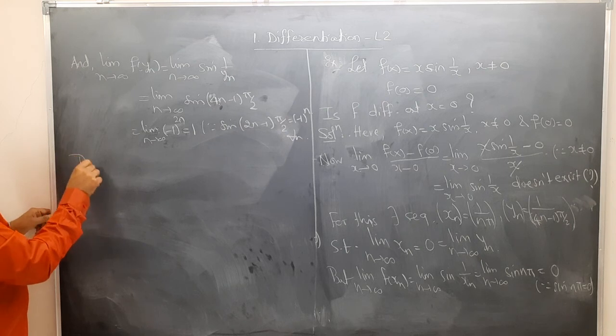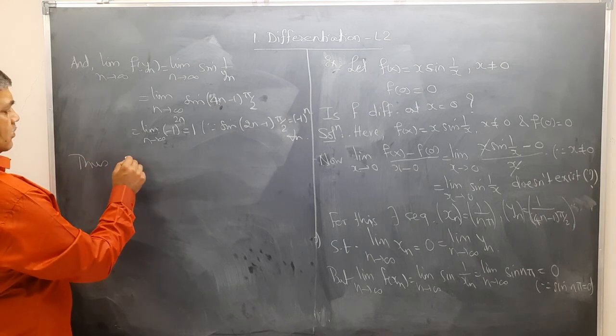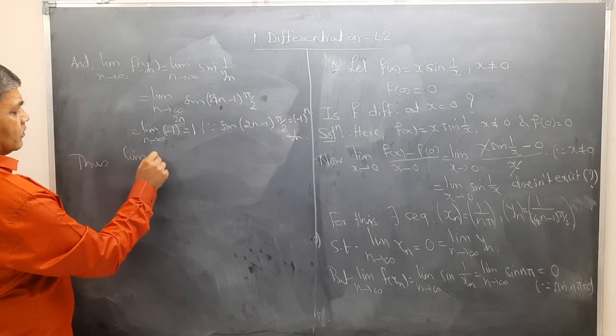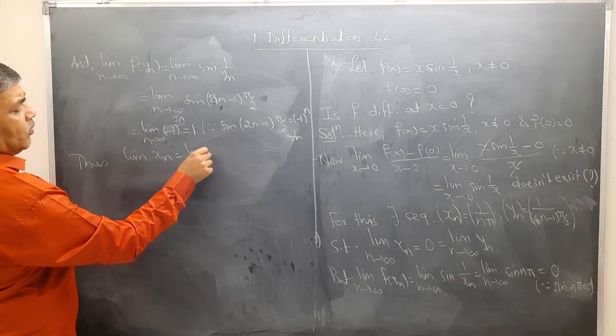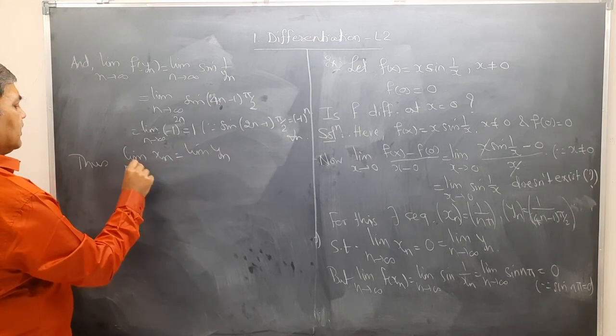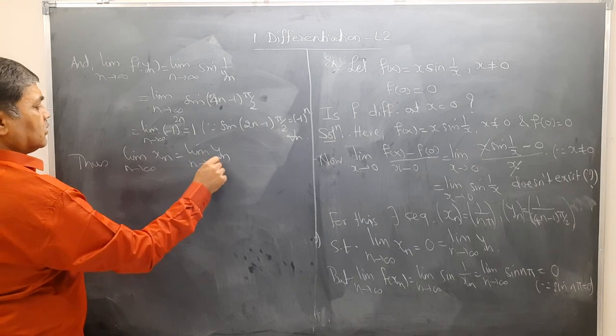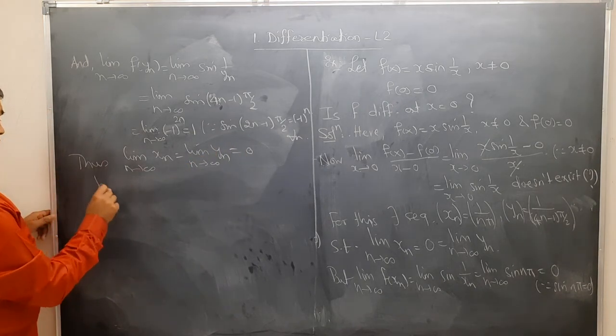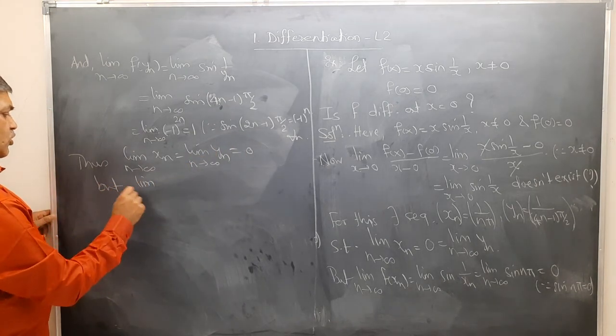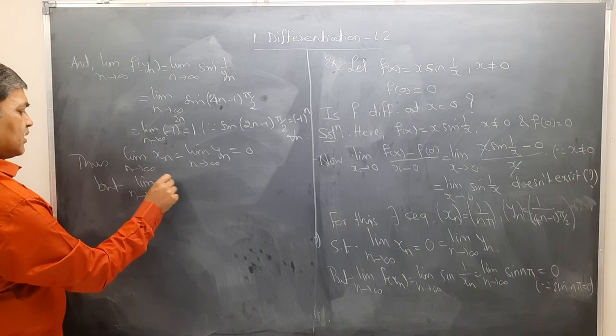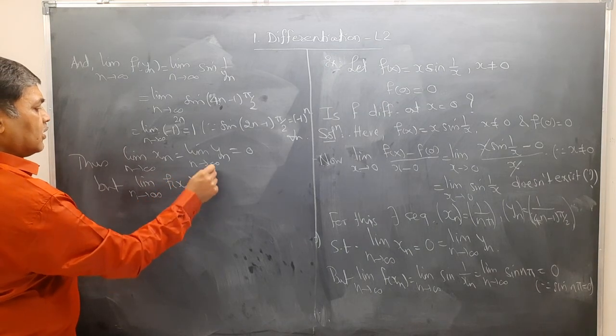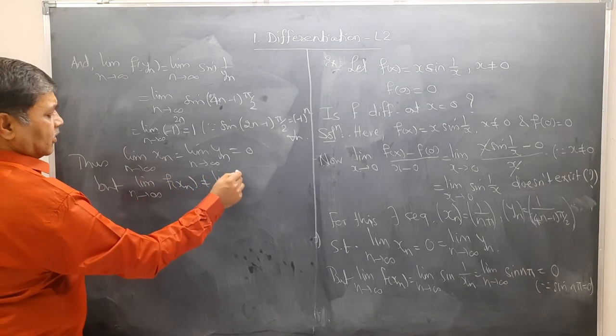So thus the limit of xn is equal to the limit of yn as n tends to infinity, which is 0, but the limit as n tends to infinity of f(xn) is not equal to the limit of f(yn).